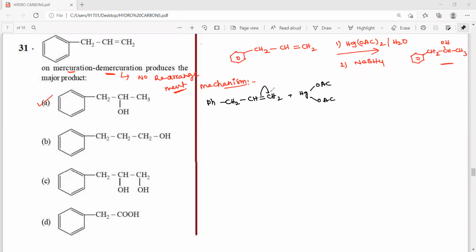This double bond will cleave, the pi electrons shift, and the acetate ion is lost. Again, the lone pair electrons on mercury will be attached to the positively charged carbon and form a three-membered cyclic ring.